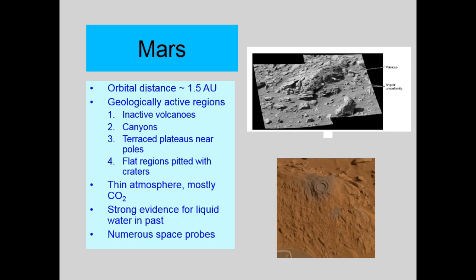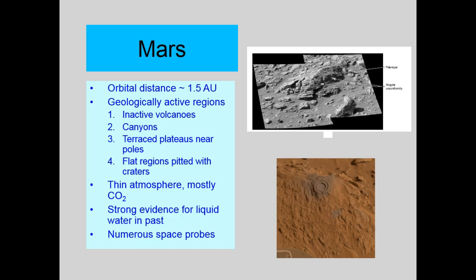Okay. All right. So, Mars is probably, because it's geologically active regions, at least in the past, a lot like the Earth. Canyons, meaning possibly water at one time. Terrace plateaus near the poles, and this is where they think the water resides now, but in ice, beneath the surface.